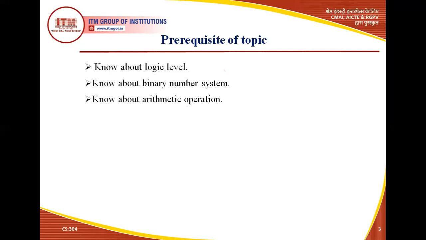While in negative logic level representation, one is represented by low voltage and zero is represented by high voltage level. Okay, so that is the logic level. You will know about them, that means in both types of logic level representation.